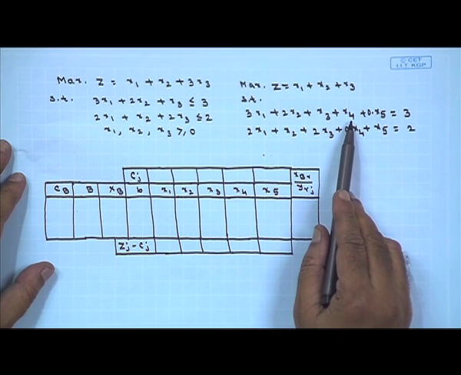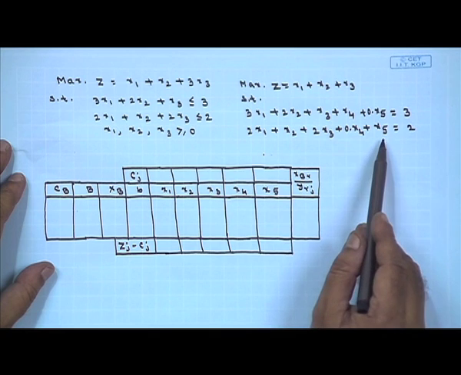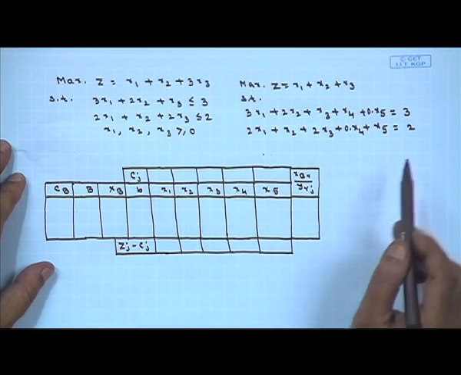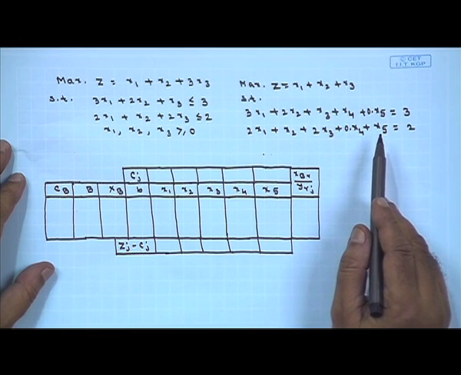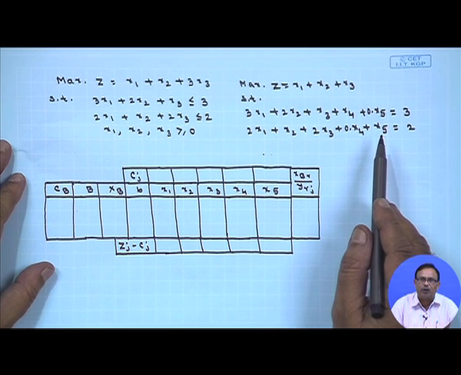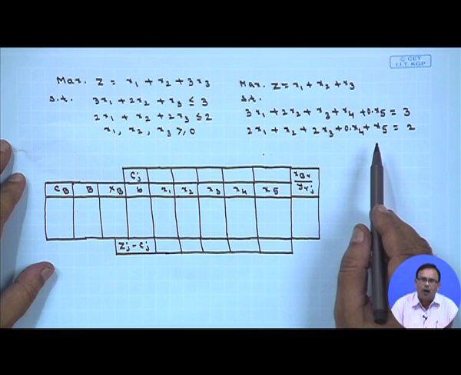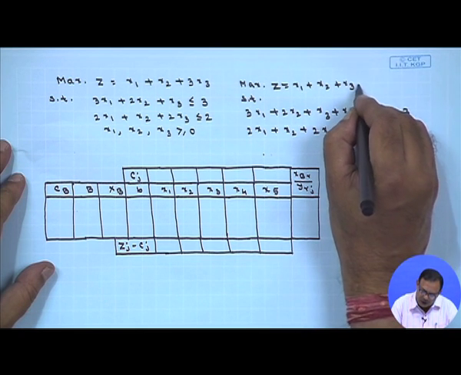So, x4 is the slack variable associated with constraint 1, and x5 is the slack variable associated with constraint 2. As I have mentioned earlier, the coefficient of the slack variables in the objective function will always be 0. Please note this one.